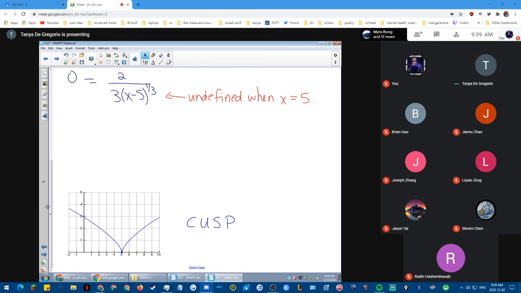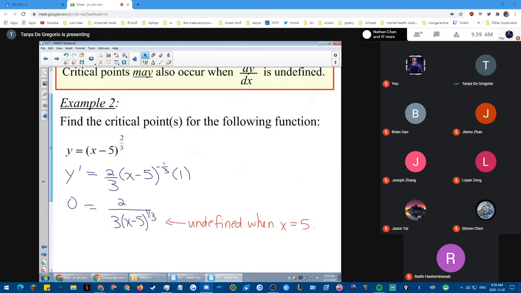You want the y value of the cusp? Is that what you're asking? You want to find the y value of the cusp. Yeah, just sub in here. It's at 0.